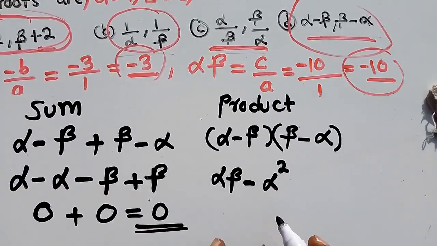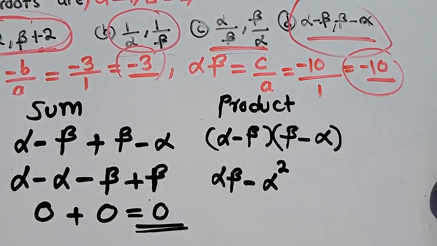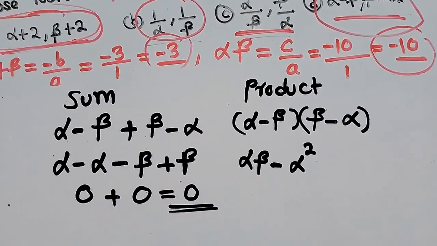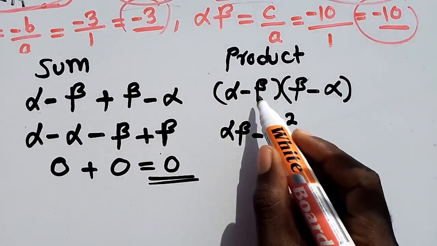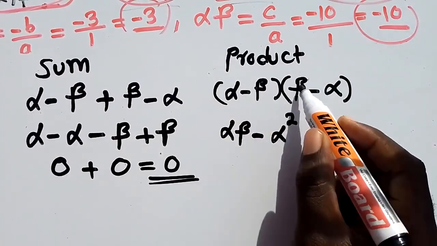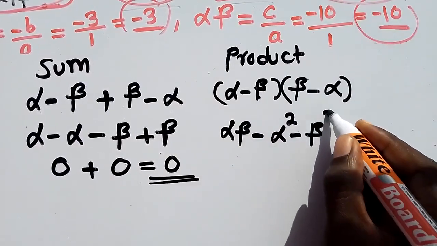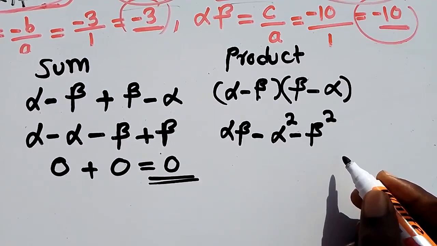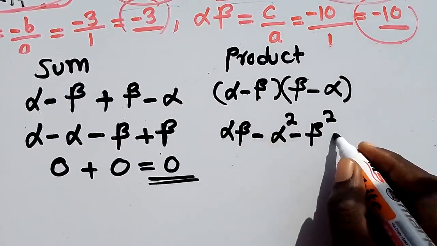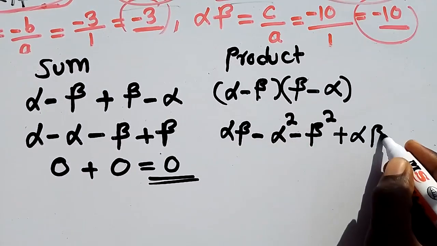With this understanding, the next thing that I need to practice from here is beta times beta, that is negative beta squared, like this. Then this and that will be plus alpha beta.